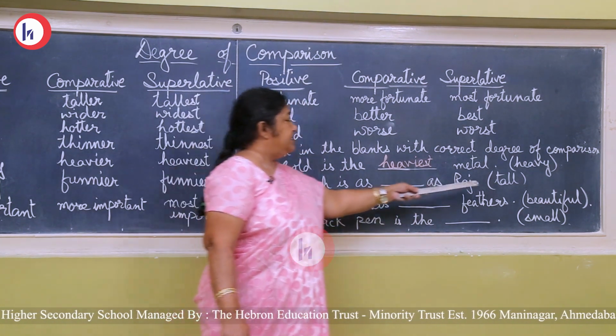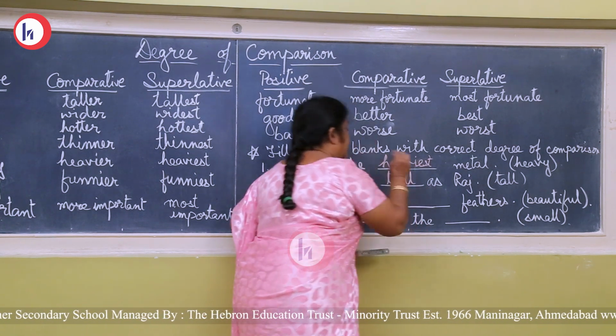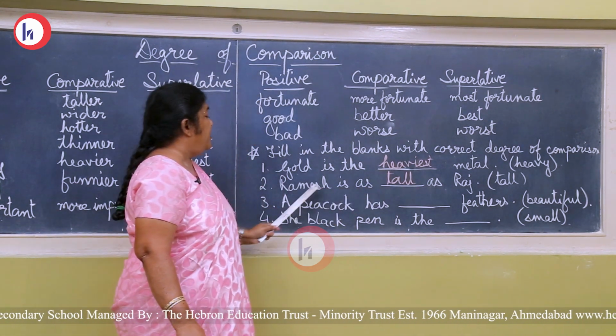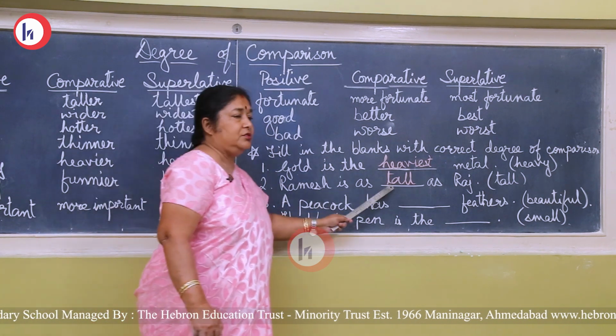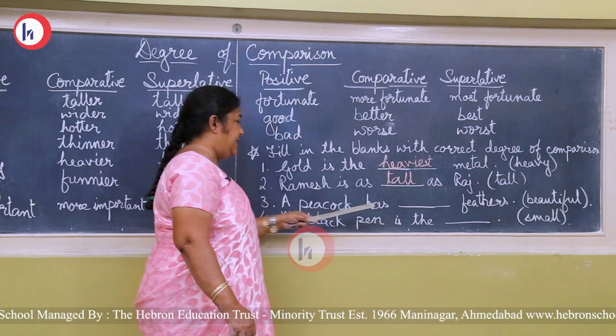One thing is common, that is tall. Though we are talking about two, we are not comparing. So Ramesh is as tall as Raj. It means Ramesh is also tall and Raj is also tall. Both are tall. They are of the same height.